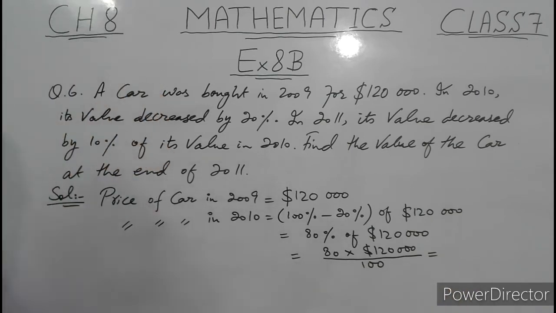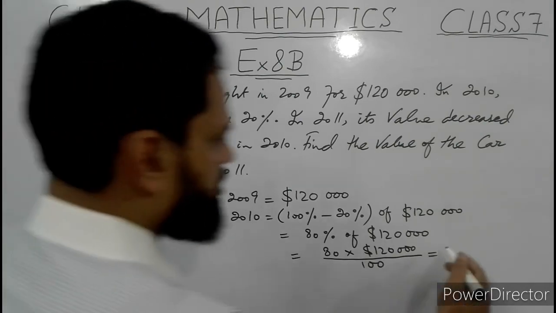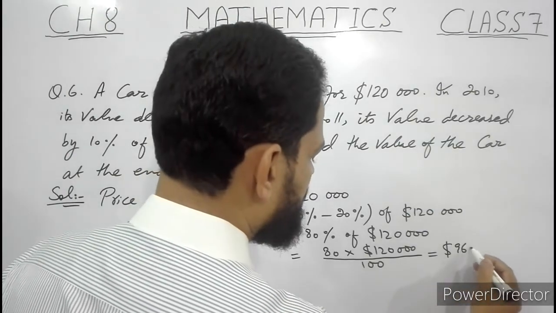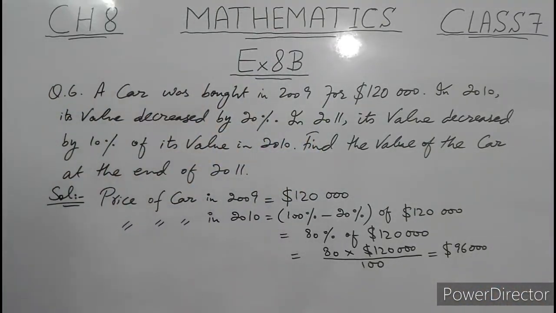It will become, by using calculator, 96,000. 96,000 is the price of the car in 2010 after decreased by 20%.